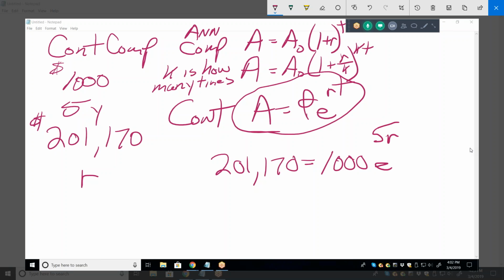Exactly. Now, if I were going to try to solve that algebraically, which I think we can do easier than solving it out graphically.